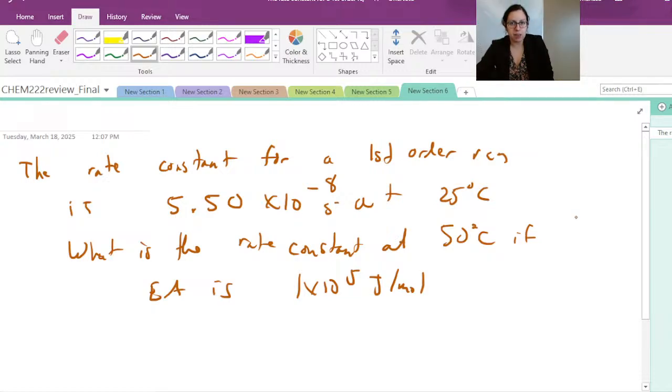So what equation do we need? What chapter is this covering? It's probably 17 and 18.